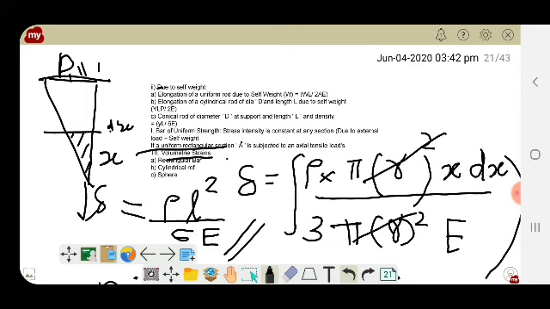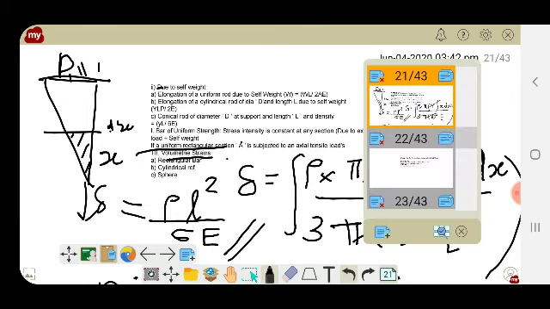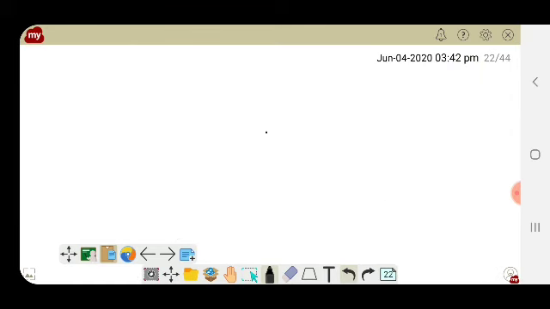Until this time we have seen the longitudinal deflection or elongation. Next we will be seeing strains. Volumetric strain is something you have to note about.